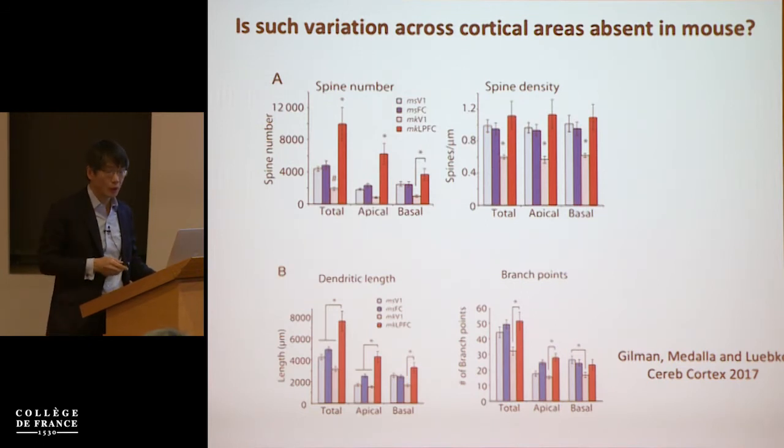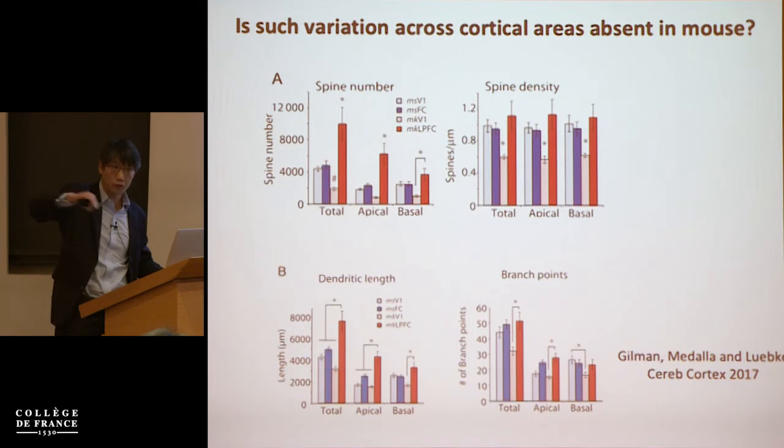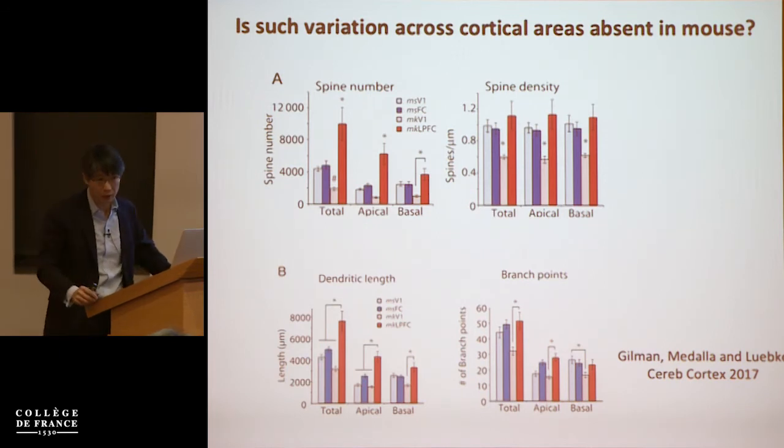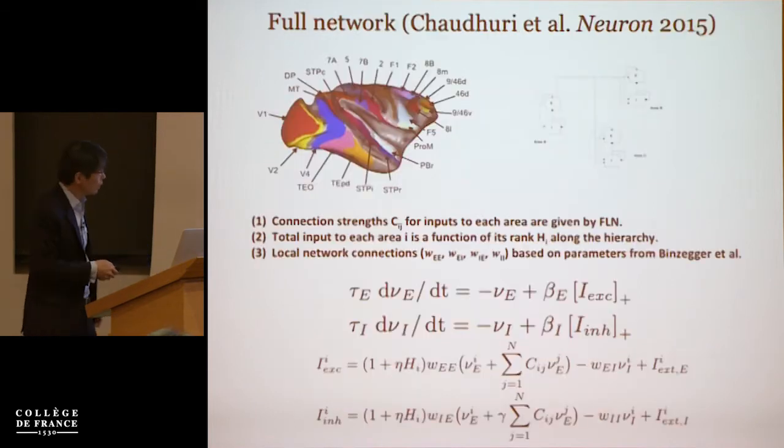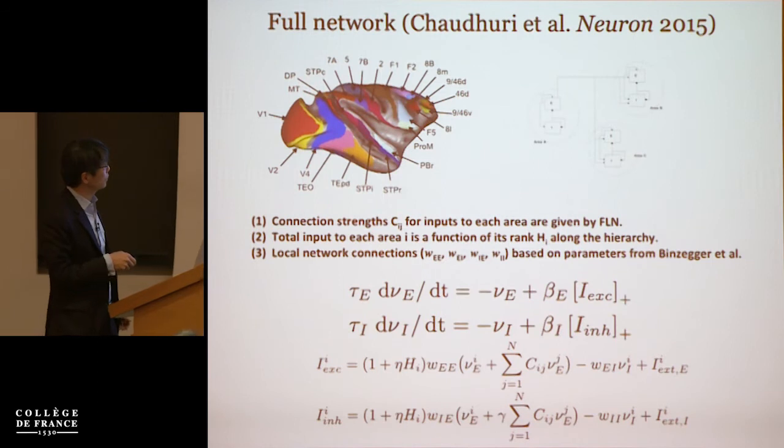And so it looks like this gradient, this is the first example of macroscopic gradients that I'm going to talk about, seems to be very strong in primates, but it's not clear, and it's possible that it's not actually there in mice. Okay, and so I walked you through the steps that we went through to build this model.